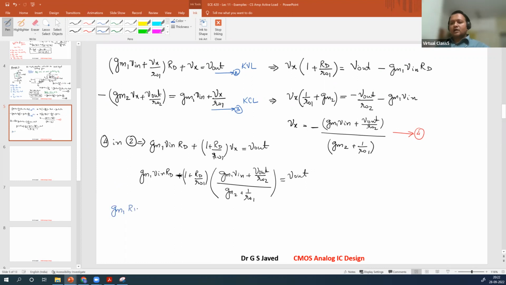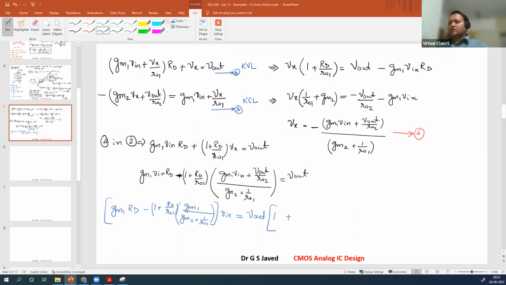gm1 RD minus 1 plus RD by RO1 multiplied by gm1 by gm2 plus 1 over RO1. The entire thing is multiplied by Vin is equal to this minus. If you go to the other side for Vout, you'll have Vout, whole in bracket 1 plus this factor.